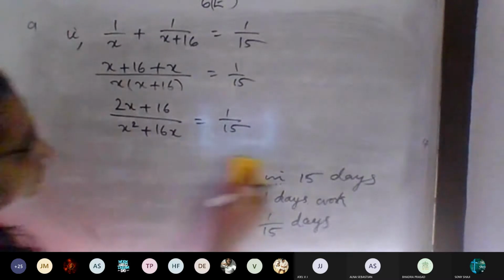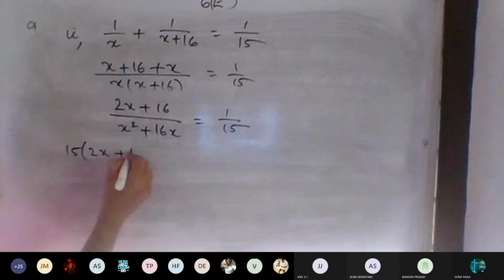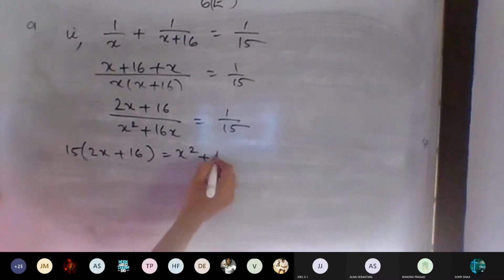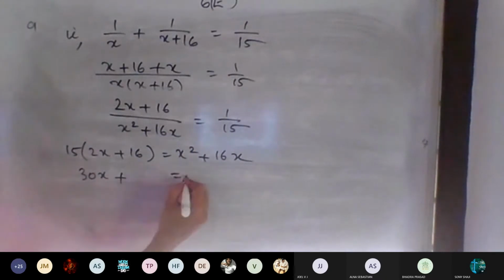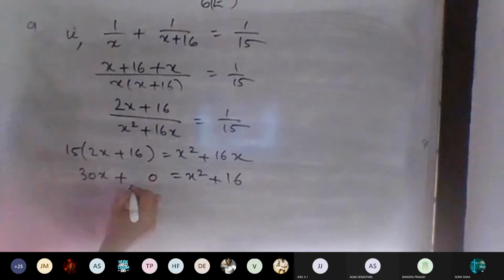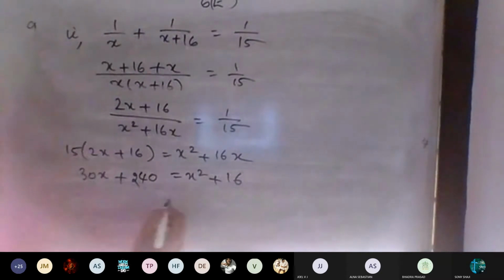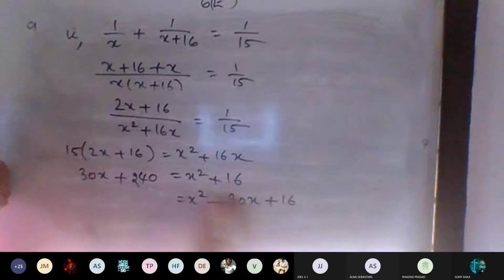Cross multiply: 15 into 2x plus 16 is equal to x square plus 16x. 30x plus 240.